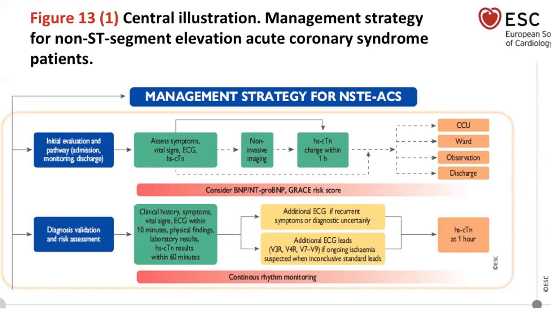We've also mentioned the additional ECGs where you have to check V3R, V4R, and the posterior leads V7 to 9, if you suspect a posterior infarct. All these things need to be included in your initial investigation of the patient.